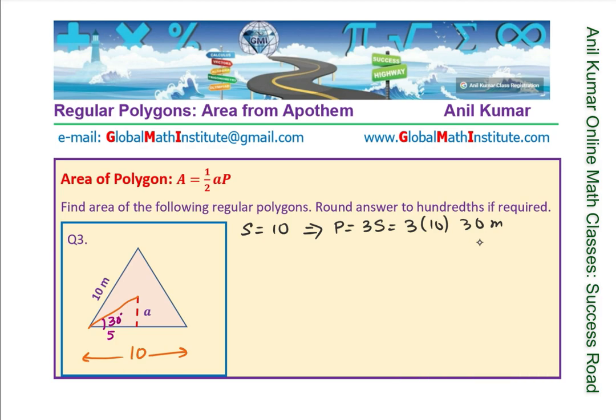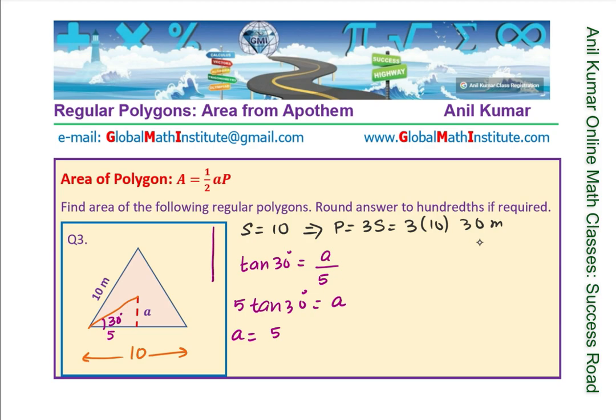So we know from this particular triangle that tan of 30 degrees is equal to A over 5. So 5 times tan 30 degrees is the value of A. So we can find the value of A as 5 times tan of 30. We'll again sketch our special triangle, right?